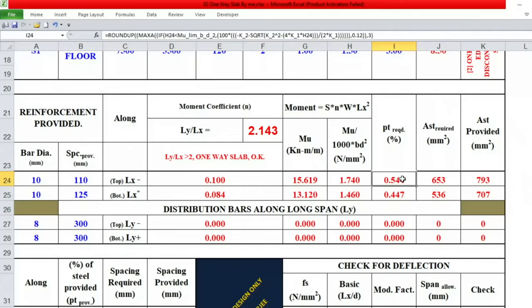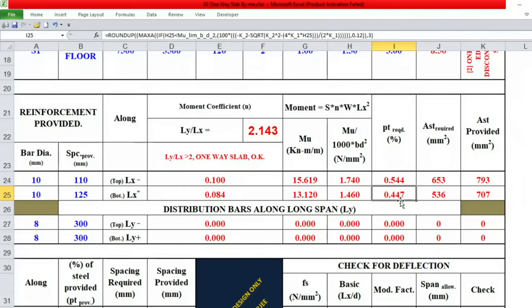PT required is equal to round up max of A, if H24 is less than Mu lim by BD square, into 100 into minus K2 minus square root of K2 square minus 4K1 into H24, that is this Mu, and 0.12 minimum percentage of steel, up to 3 digits.